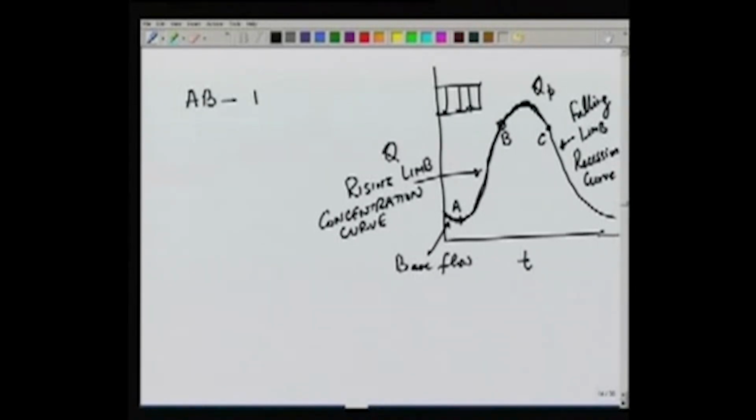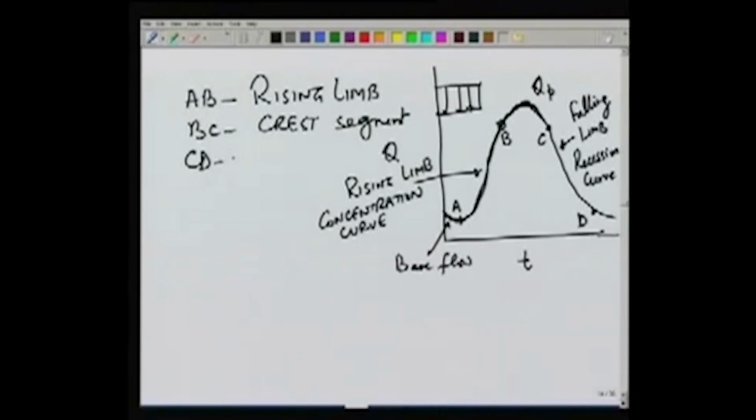So AB is the rising limb, BC is the crest segment, and then from C to a point D is the falling limb.